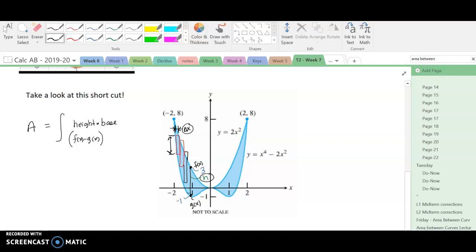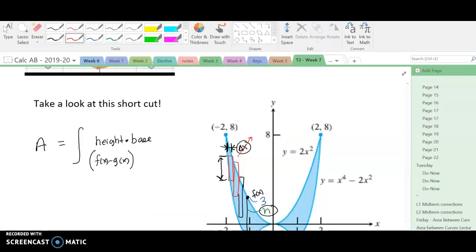Also, we said that the base of this rectangle was delta x. Well, if we get this small enough, if we have infinitely many rectangles, then this dx is going to go toward 0. It's not 0, but it's getting so small that we call it dx instead of delta x. That's that differential that we've been talking about all year. So now we have the integral from a to b of the height, or f of x minus g of x, times the base, which is dx.